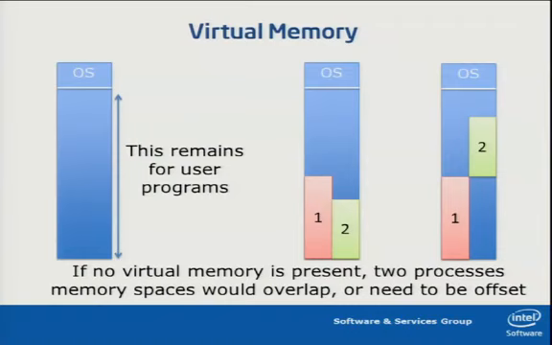In earlier operating systems, this was exactly how it was done, because you could run only one process, one application, at the same time, because it would take all the memory. Well, the solution to that is either you offset the address spaces for two processes so that they wouldn't overlap, but then how do you deal with dynamic allocation of memory?